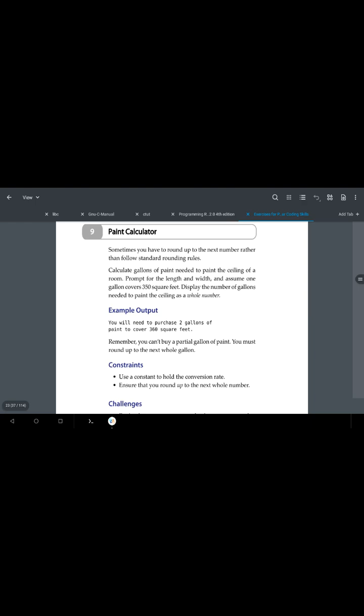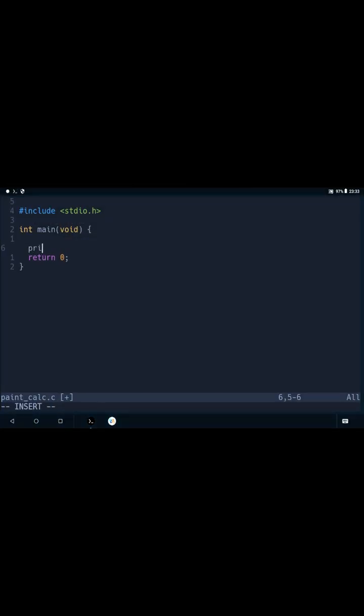We'll be prompted for length and width. So printf, length in feet, and then the width in feet.